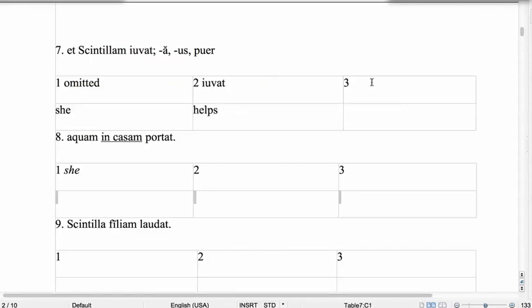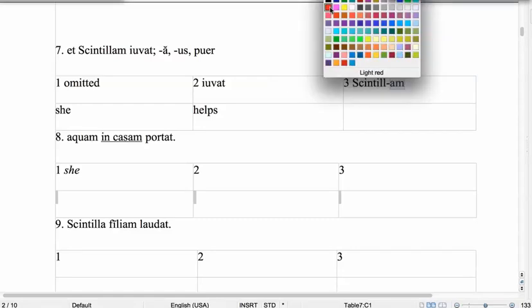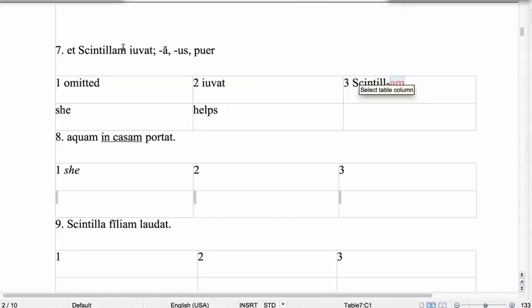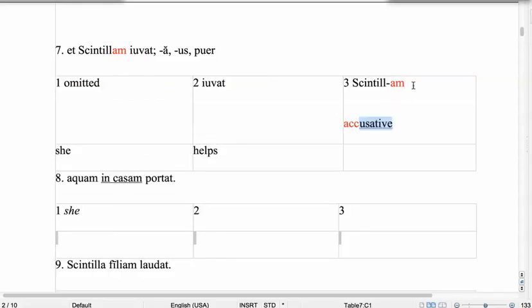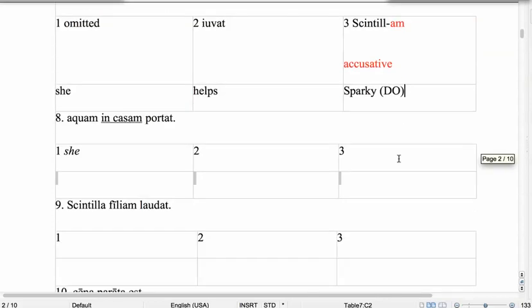And the direct object is scintillam. So the only thing that tells you that this form here is the direct object and not the subject is this ending, which means it's accusative. So it's accusative, therefore Sparky is the direct object and goes after the verb.